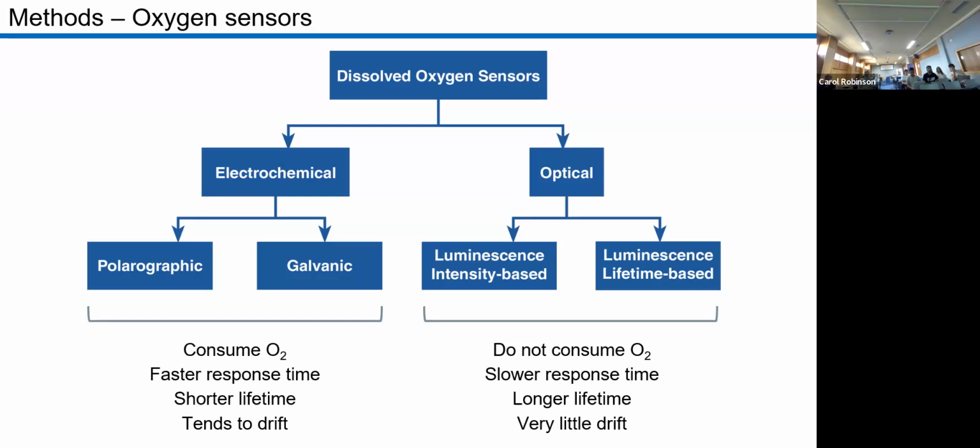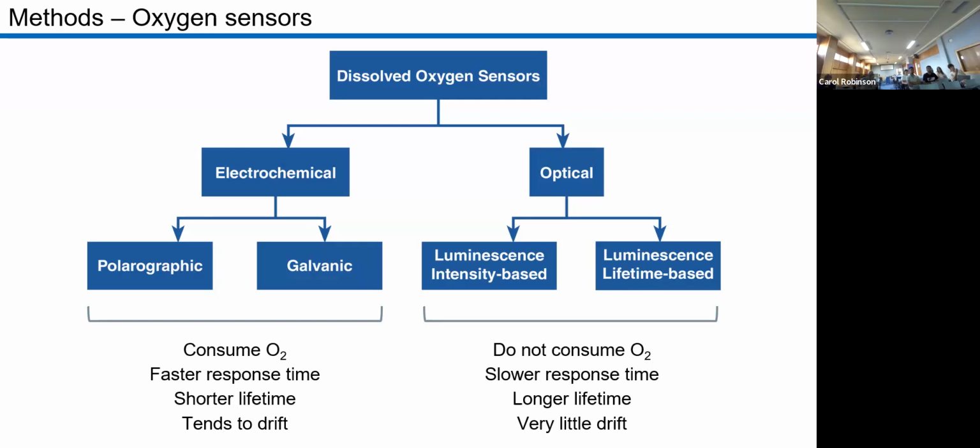But one of the consequences of these measurements is that the oxygen gets consumed. In contrast, the optical sensor is based on the principle of luminescence quenching by the oxygen. And in this case, for this kind of measurement, we don't have any consumption of oxygen.